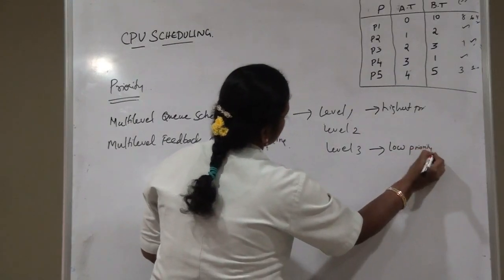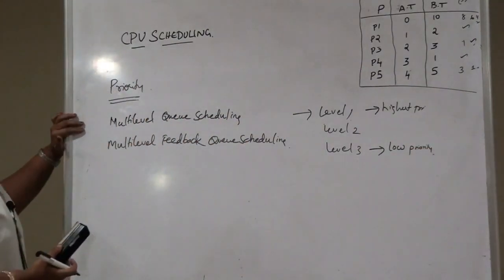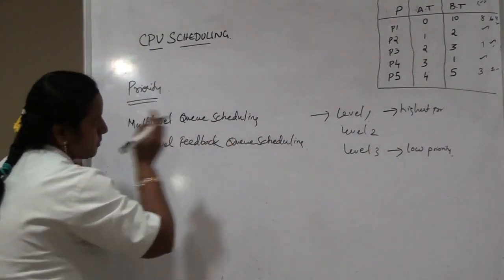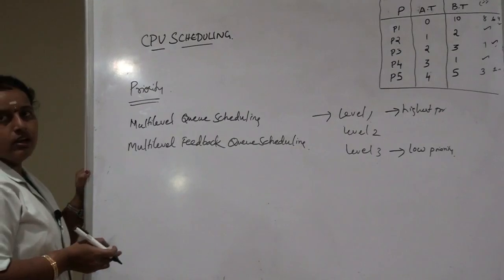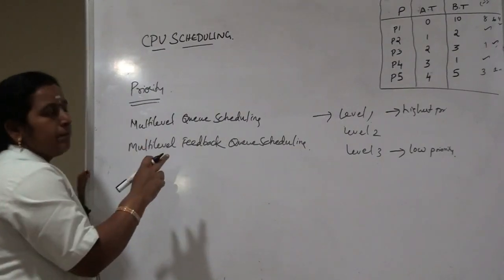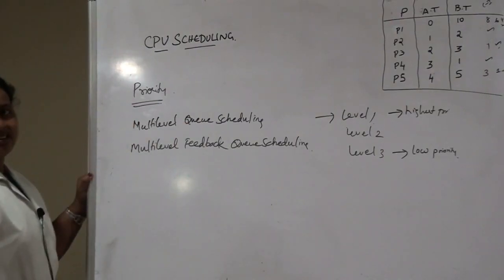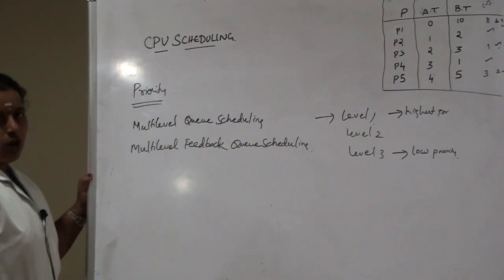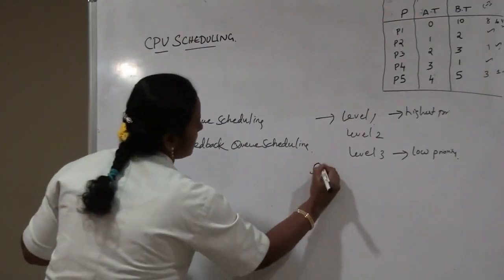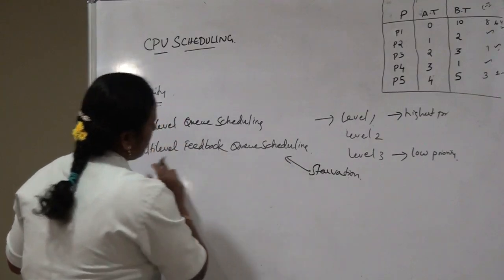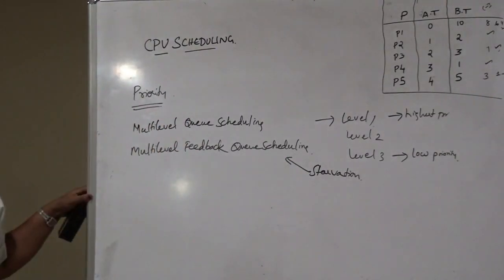The execution always goes from the highest process to the lowest in each level. Without completion of the highest process, the lowest process cannot be executed. Due to this drawback, starvation occurs. This starvation is overcome in multi-level feedback queue scheduling.